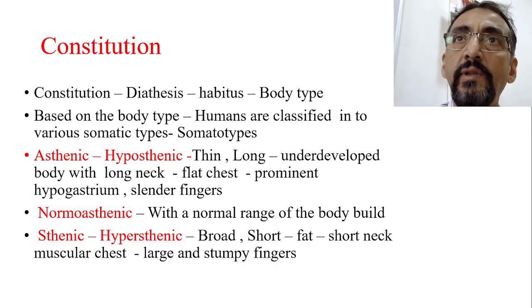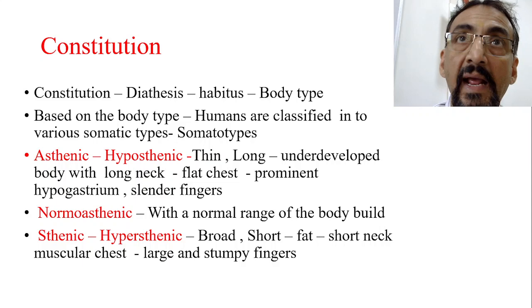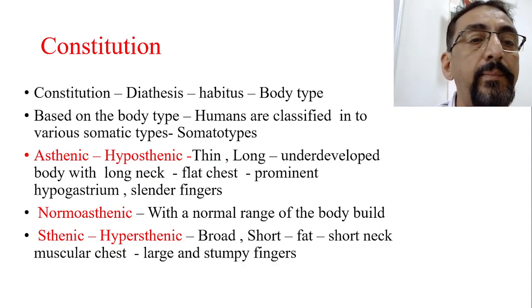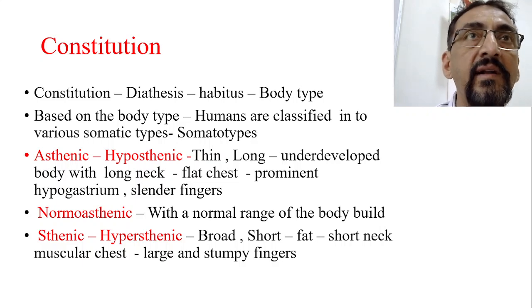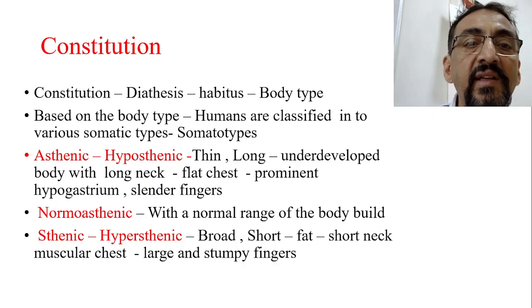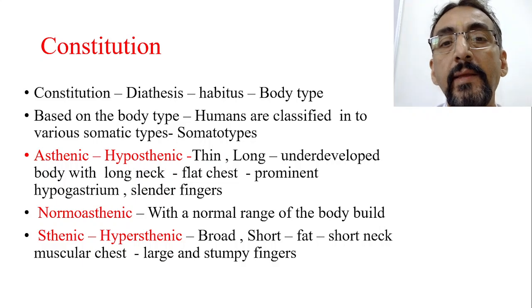They are healthy, but thin, with a long underdeveloped body with a long neck, a flat chest, a prominent hypogastrium, and slender fingers. If the body type is like this, then it is called hypoasthenic body type.